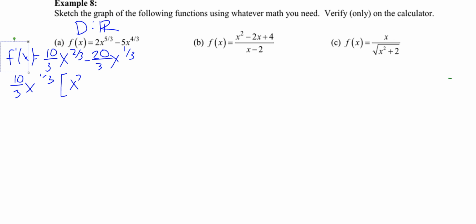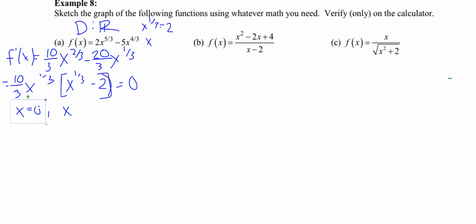So I get x to the 1/3 times (x to the 1/3 minus 2). So we're going to try to figure out where this is equal to 0. Our first term, x equals 0, and the second term, we have x to the 1/3 equals 2. Cube both sides, x equals 8.